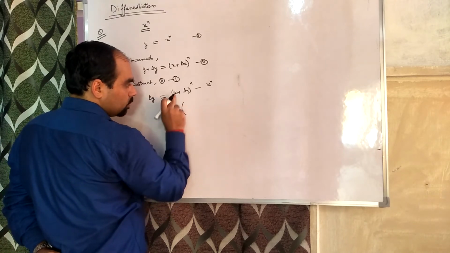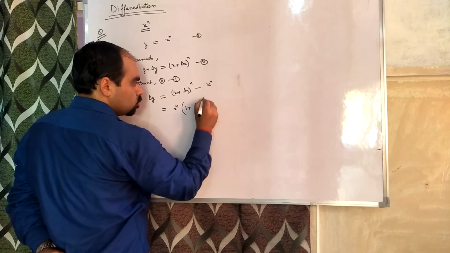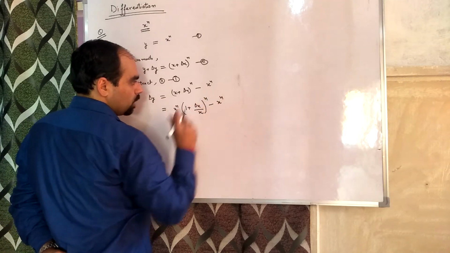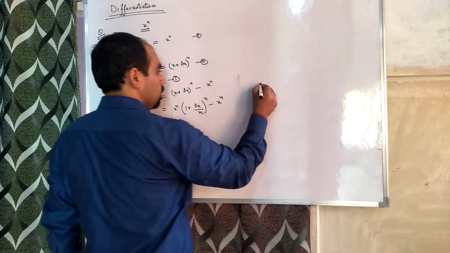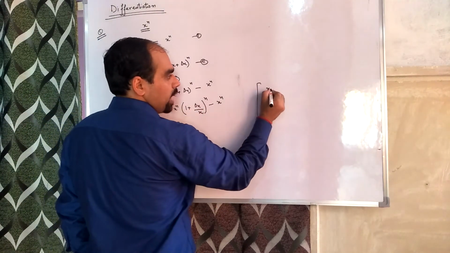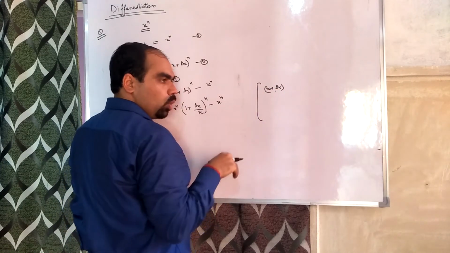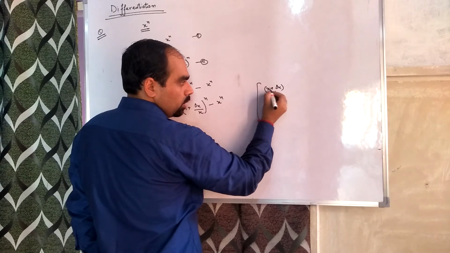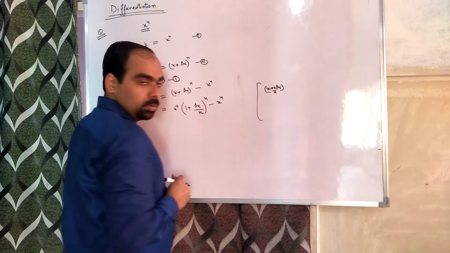अंदर क्या बच जाएगा? 1 plus delta x by x raised to power n minus x raised to power n. अब आप ये यहां पे x कहां से आया? मैं बताता हूं आपको. x plus delta x ये था. I need 1 over here. यहां पे x निकालना है बाहर, तो मैं इसे x से मल्टीप्लाई करता हूं, x से डिवाइड करता हूं.